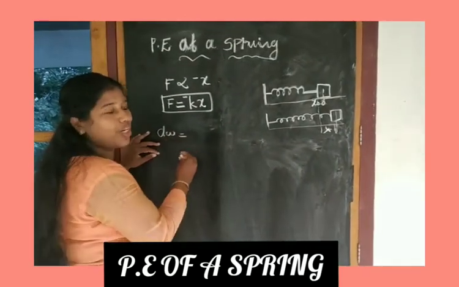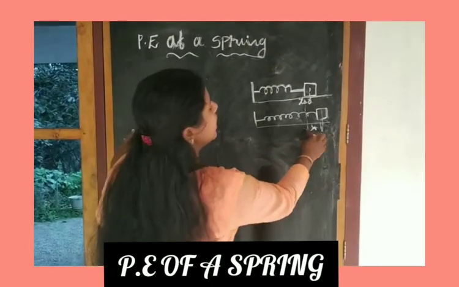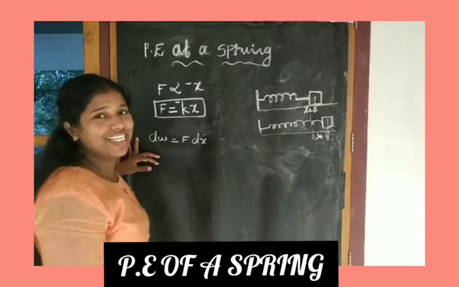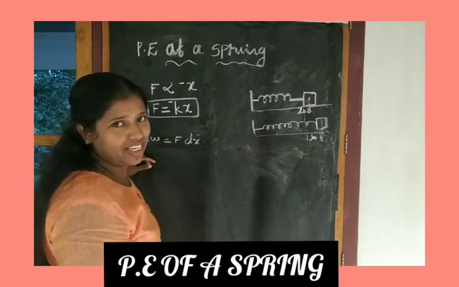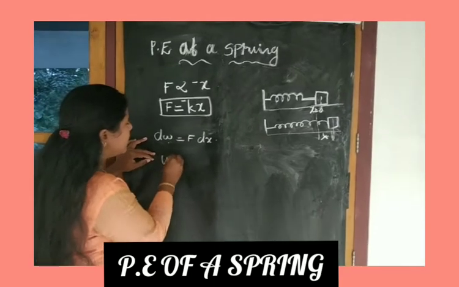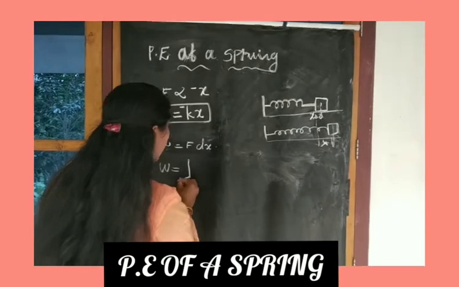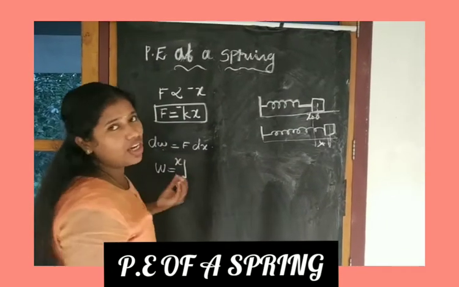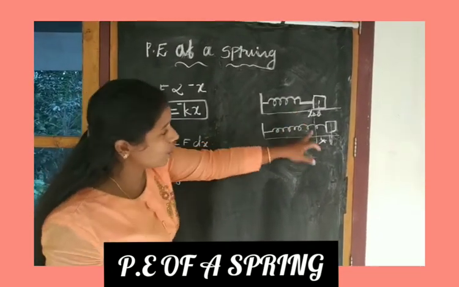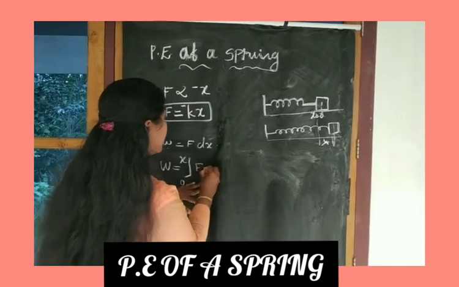Then we know the work done equation: dW is equal to F dx, where dx is a small distance. Then we can integrate to calculate the work done. W is equal to the integral from x equal to 0 to x of F dx.